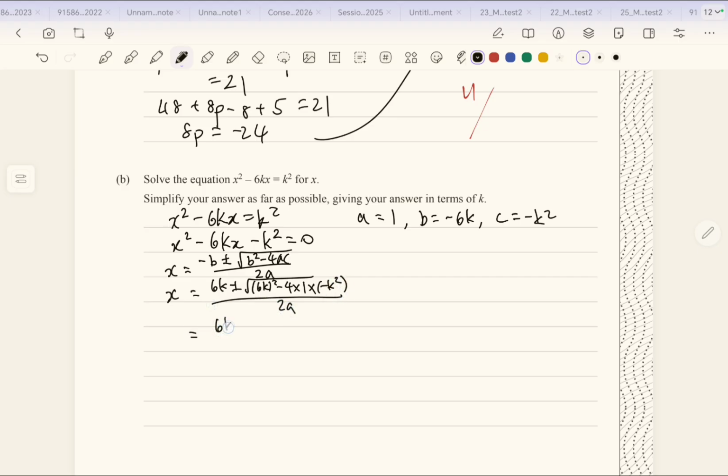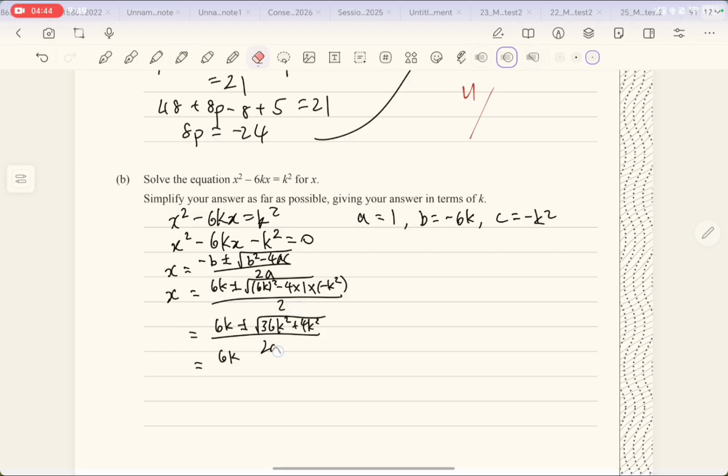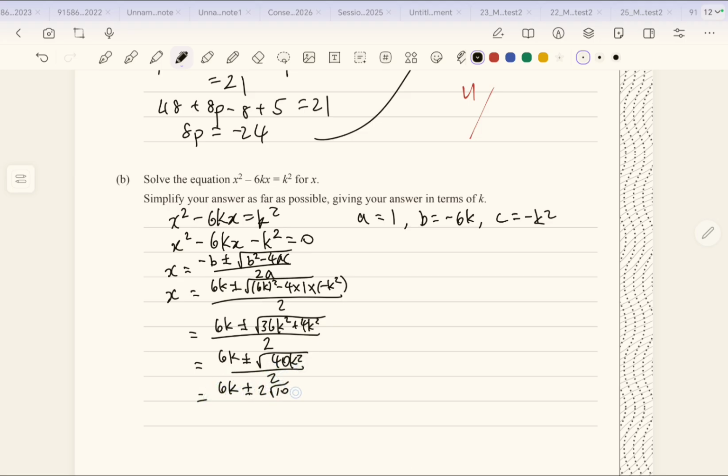And this is just 6k plus or minus the square root of 36k squared plus 4k squared, over 2, so I have 6k plus or minus the square root of 40k squared over 2, which is 6k plus or minus 2 root 10 times k over 2. Root 40 is 2 root 10 because root 40 equals root 4 times 10, which is 2 times root 10.